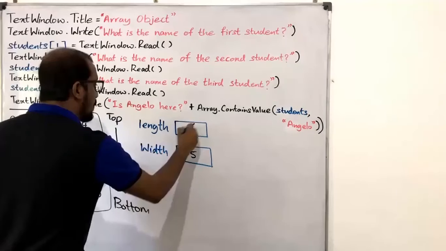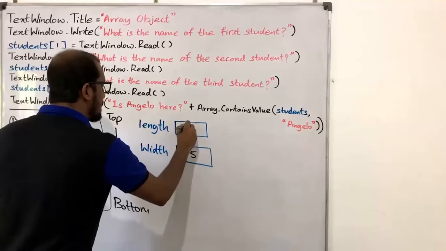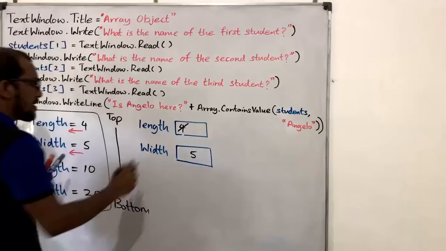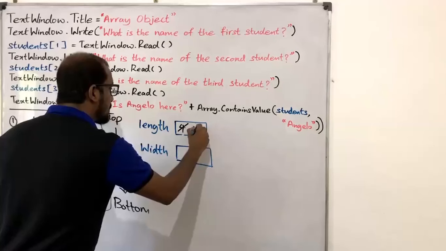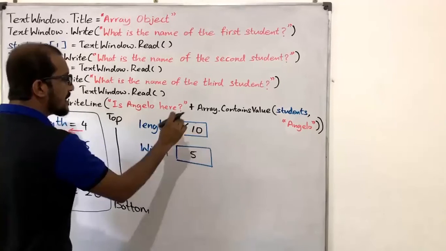It means erasing this 4. To indicate erasing, I will draw a line like this. Erasing 4, it will store 10. Now under the variable length, the value is 10. Earlier it was 4, now it is 10.